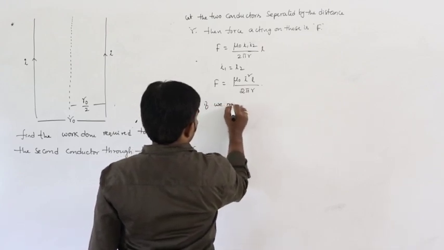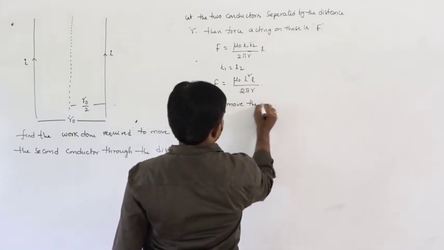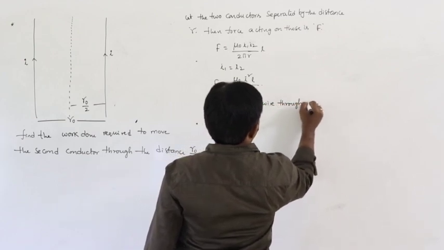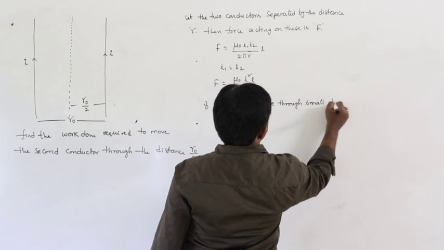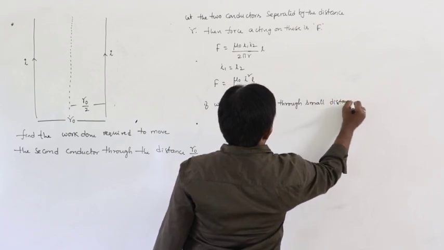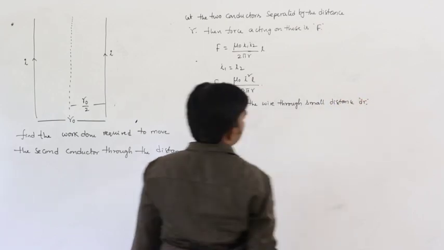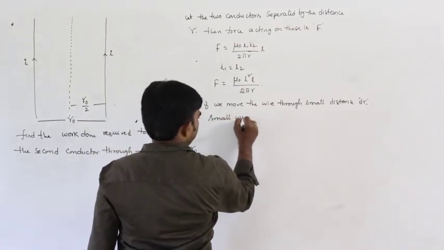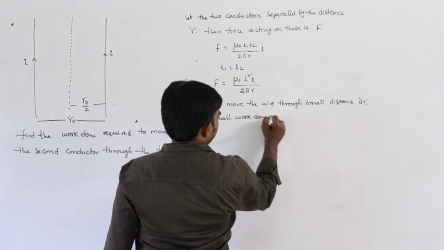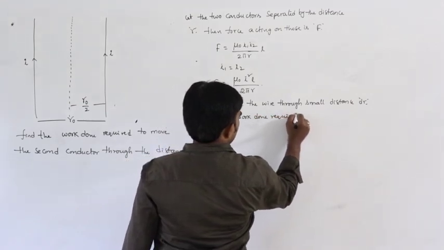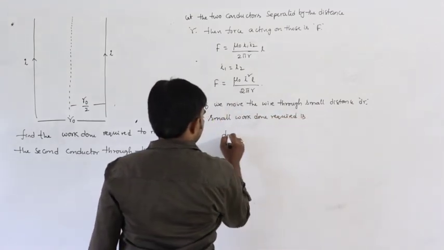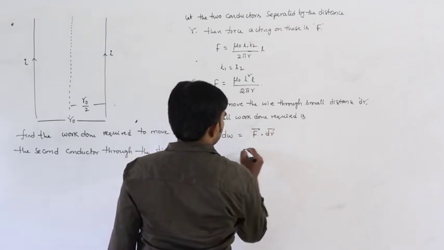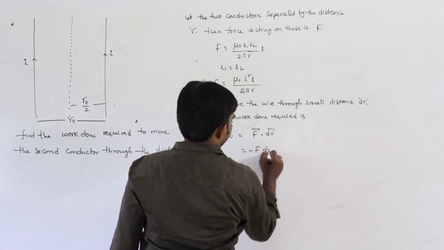If we move the wire through a small distance dr, the small work done required is dW is equal to F bar dot dr bar, or minus F dr.